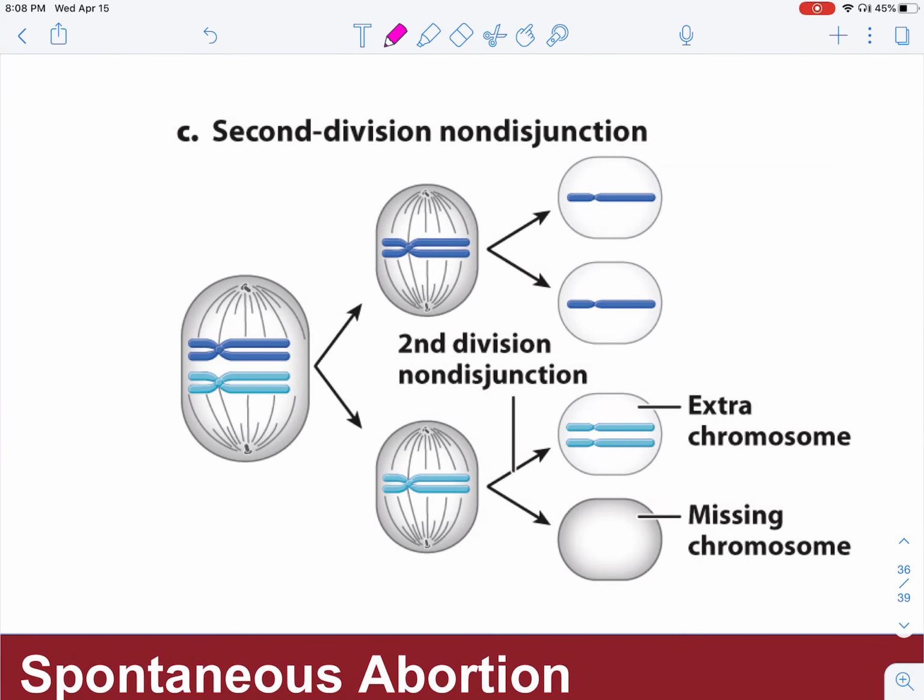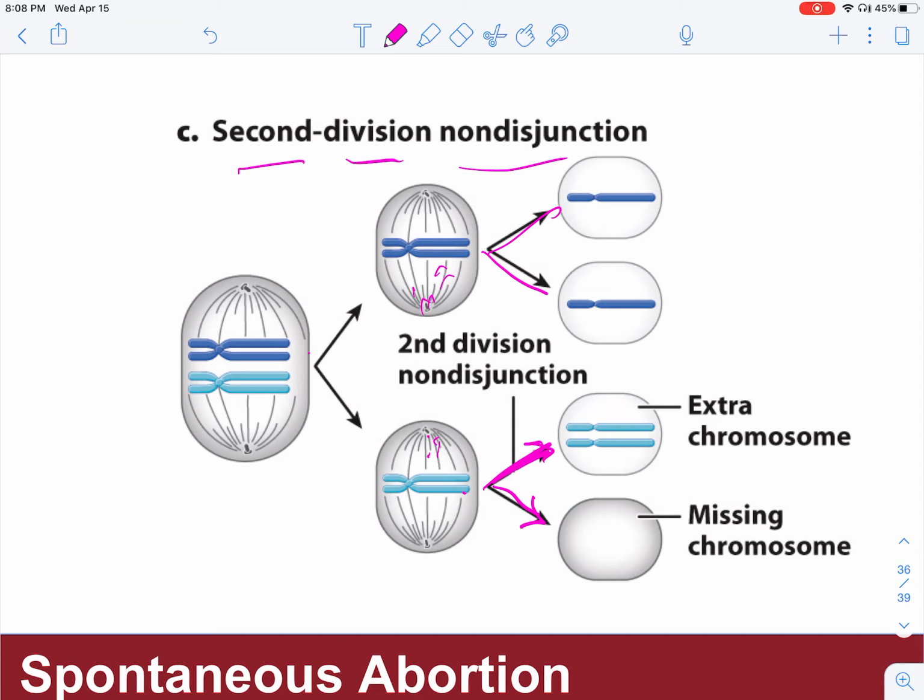Now, if you have a meiosis II non-disjunction event, second division non-disjunction, then what happens? The homologous chromosomes segregate fine from each other, but the sister chromatids fail to segregate. So here in this one, the sister chromatids segregated fine, but in this one, this sister chromatid failed to segregate.